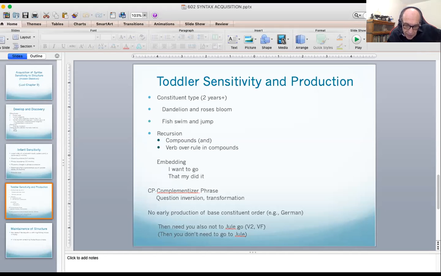At the same time, they have a very early sensitivity to the way their own personal language handles the underlying structure. There are two things going on: maintaining the chunks, and at the same time understanding, producing and comprehending their language's own way of handling it. Two things at once.